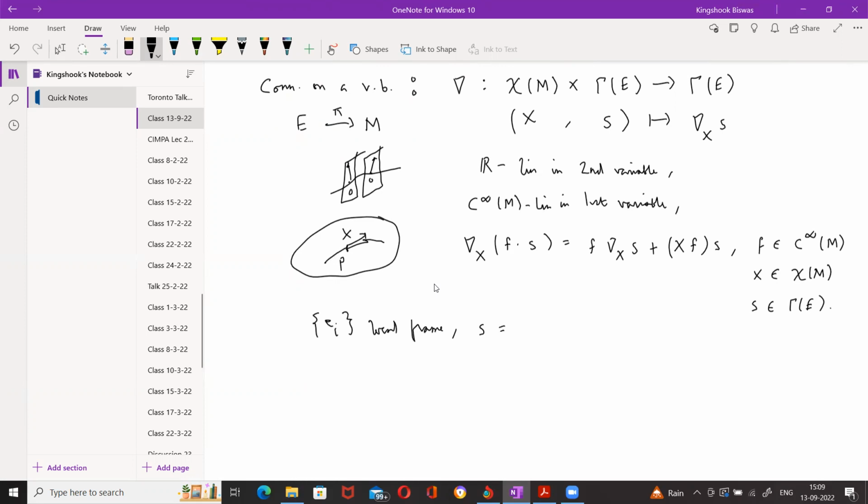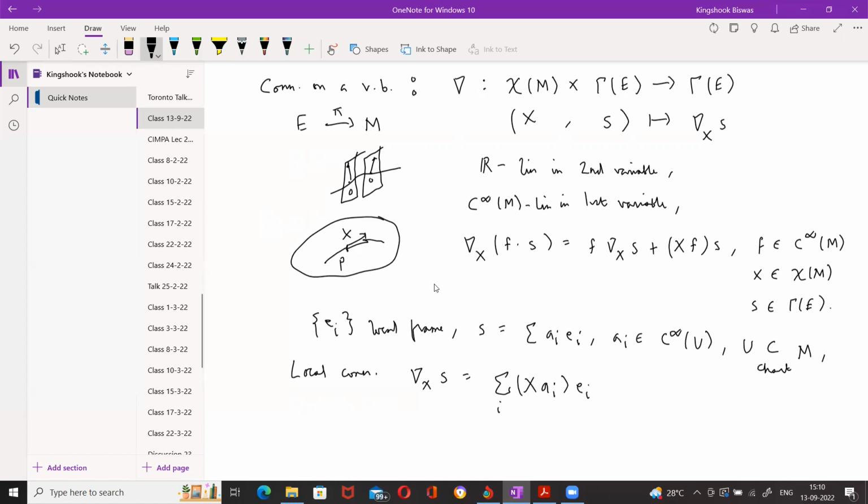Then any section S is equal to a summation of a_i e_i, where the a_i are smooth functions on U, an open subset, a chart in M. You define a local connection by taking what's called the trivial connection: you just apply X to the a_i, so you take X(a_i) times e_i. This defines a connection locally.